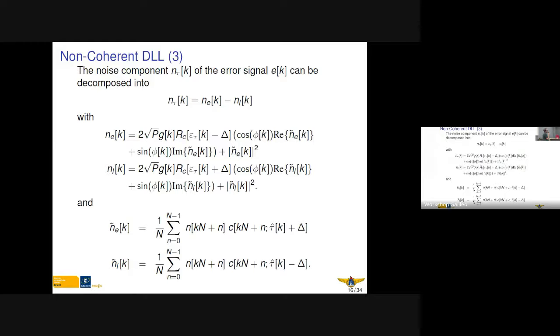And I just give here the formulation of it, where n tilde of E is the correlation of the receiver noise with the model in the early branch, and n tilde of L is the correlation of the receiver noise with the late branch. Yeah, so you see the noise is also dependent on the distribution of the phase a little bit.